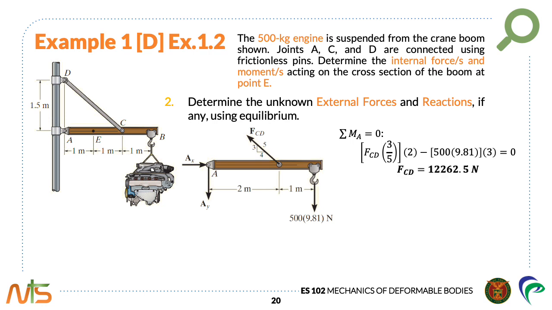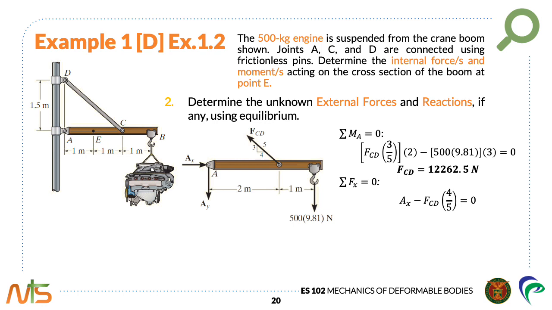Next, we sum forces about the x-axis. We have AX, positive since AX is to the right, and the horizontal component of FCD, which is FCD multiplied by 4/5.